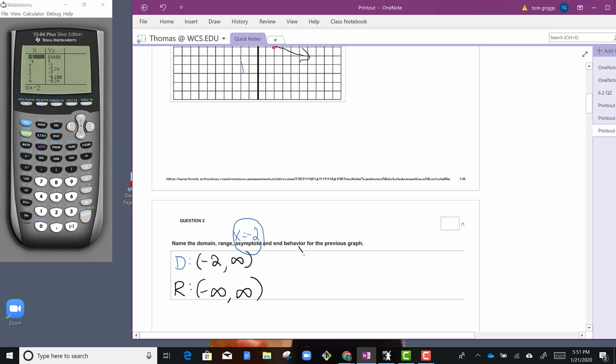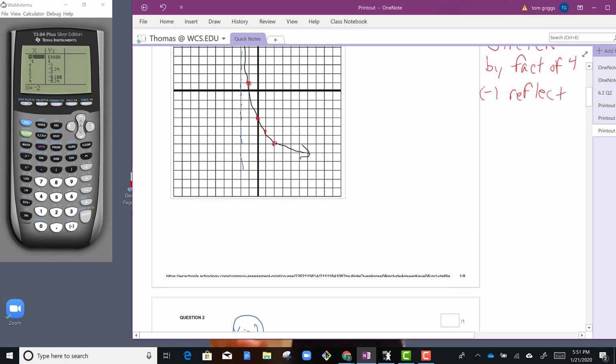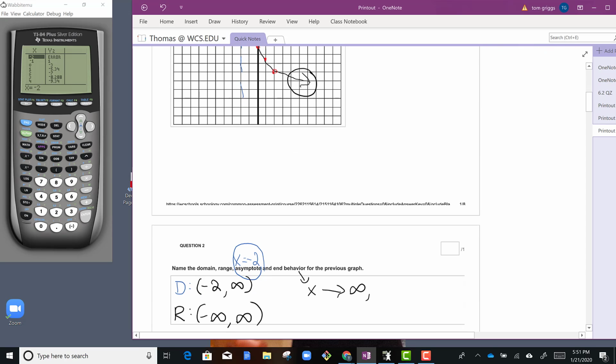And then finally, end behavior. So the right end, remember this x approaches positive infinity, that represents the right end. So we look at the right arrow. Is it going up or down? It is going down infinitely. So as x is getting bigger, y is getting smaller.